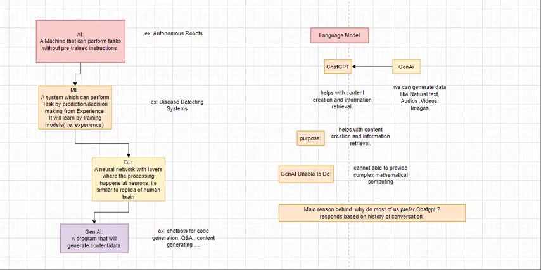I hope you understood the purposes for which ChatGPT is used, why ChatGPT is famous, why most of us prefer it, what things GenAI is unable to do, and why ChatGPT belongs to GenAI.